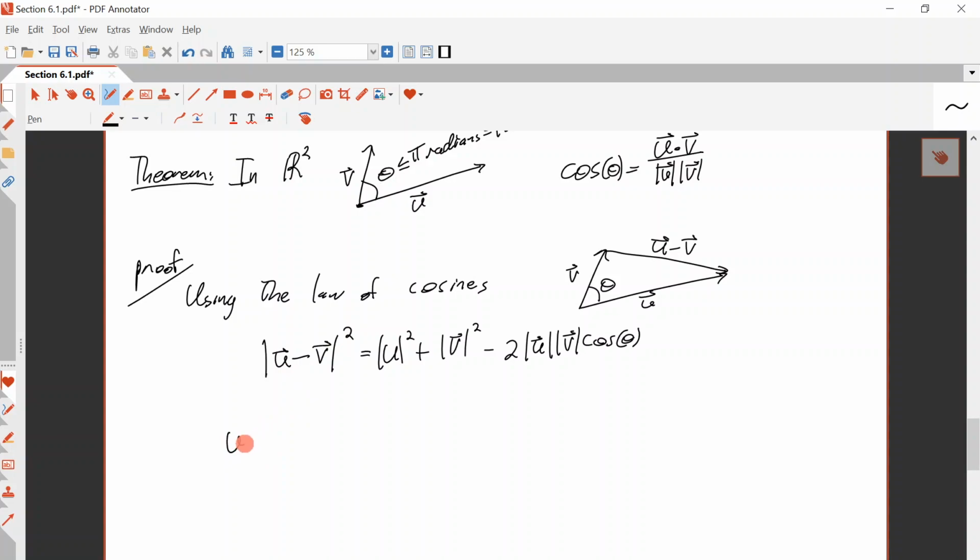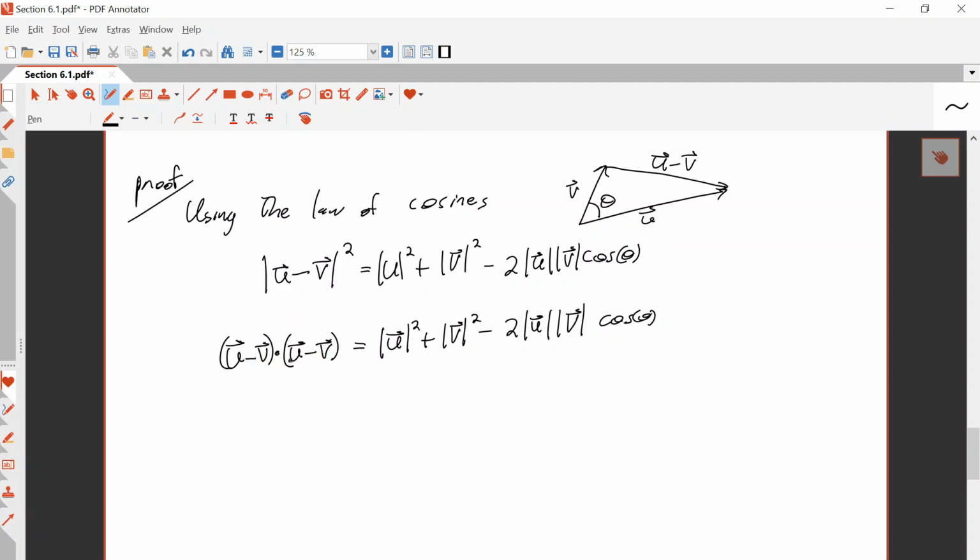The length squared is just the vector dot itself. I'll leave it like that: length of u squared plus length of v squared minus 2 length u length v cosine theta.